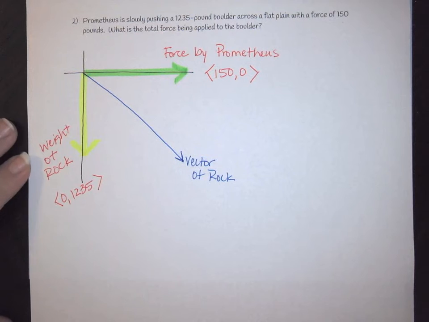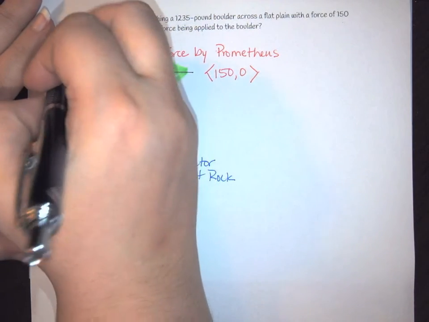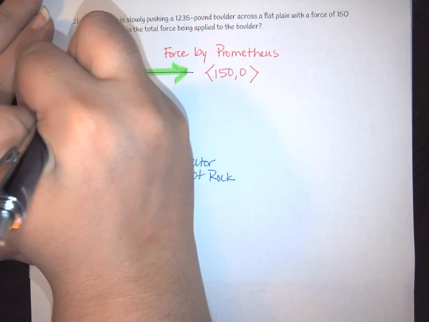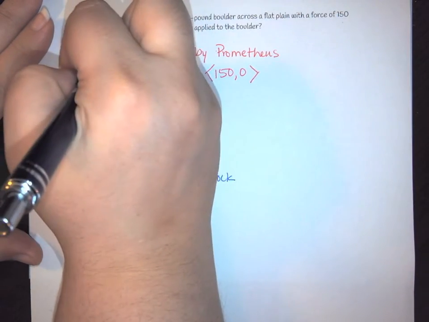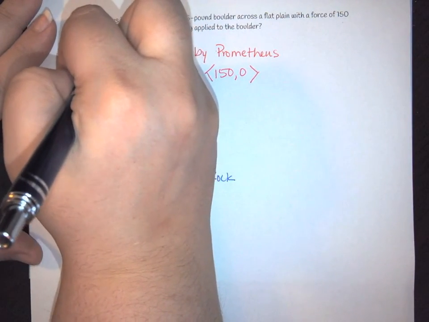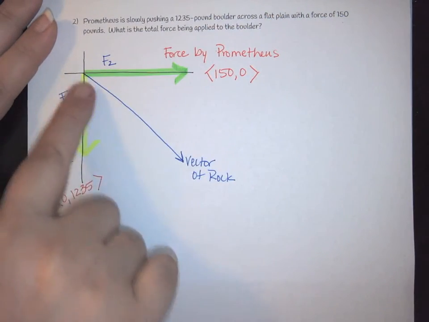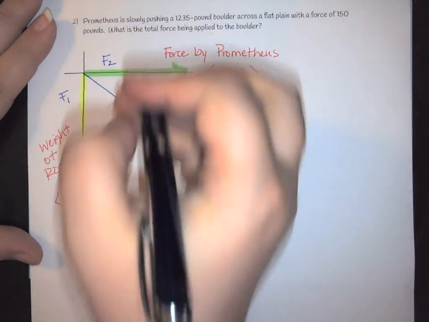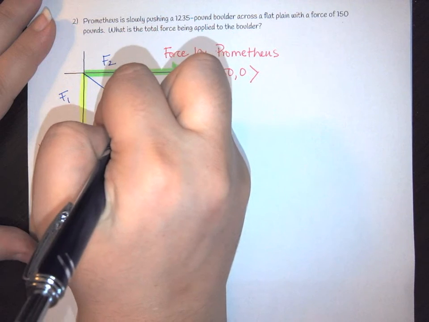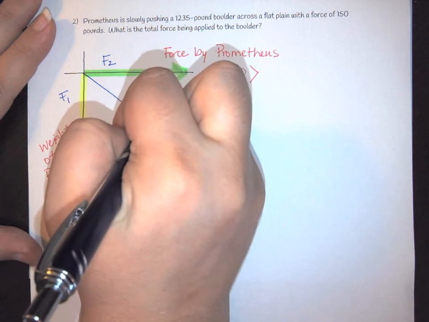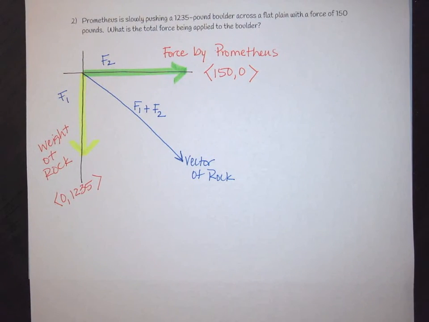If we label these, the weight of the rock would be my first force, F1, and the force of Prometheus would be my second, F2. So this is the vector addition, F1 plus F2.